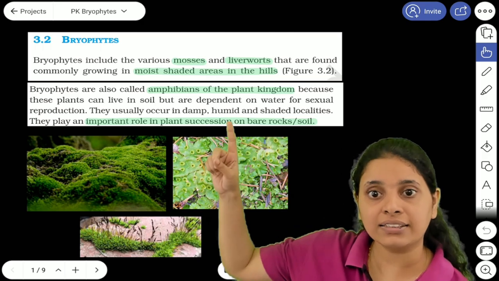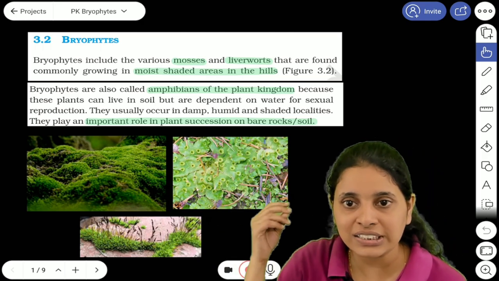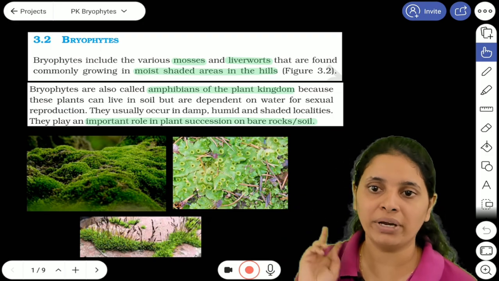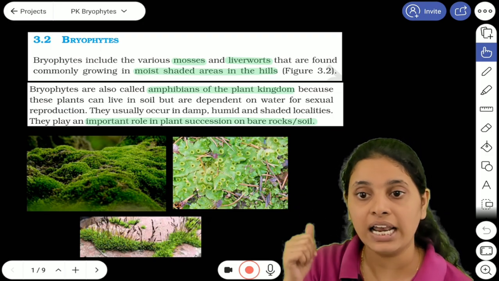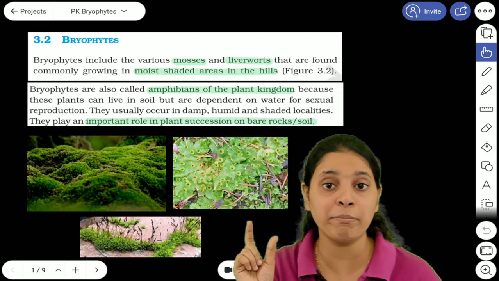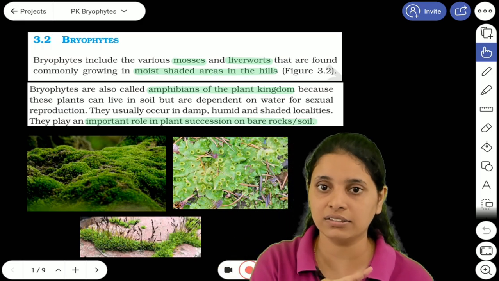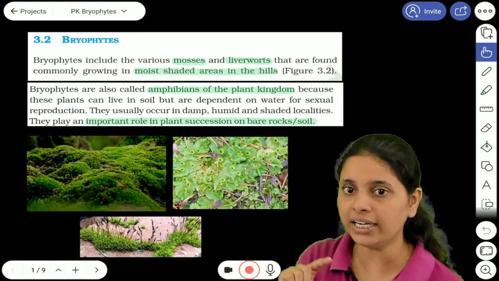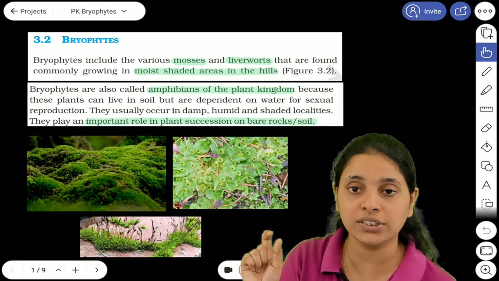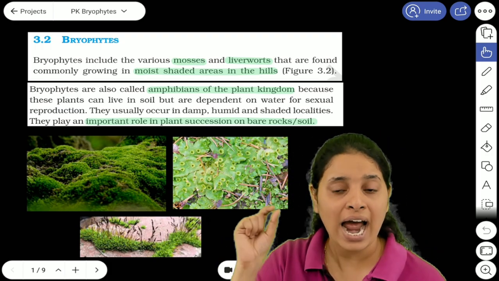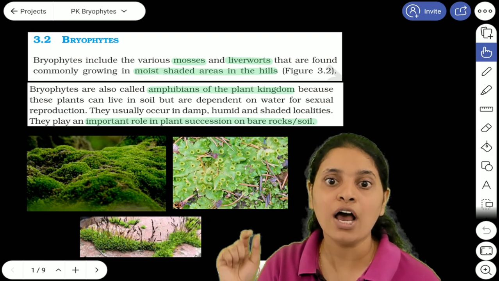To start the succession process, you need two main things. You need lichens, which are the symbiotic association between algae and fungi, as we discussed in the previous video lectures. These lichens are super important, and along with lichens, you need mosses.